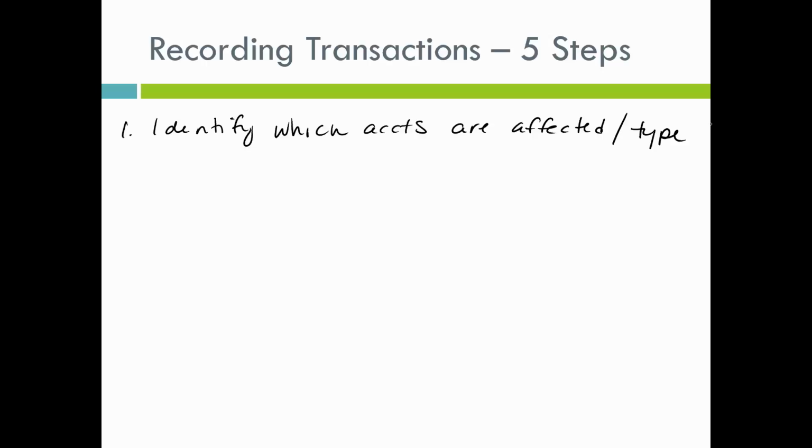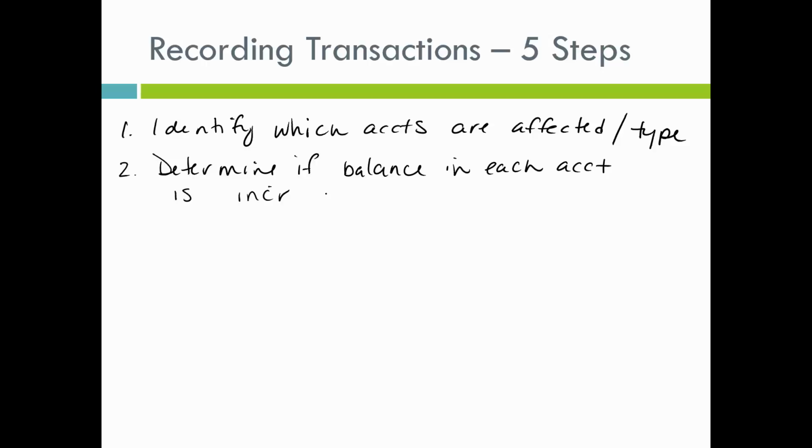So once I know which accounts are affected, and again remember there's always at least two, there could be more than that, then I determine if the balance in each account is increasing or decreasing.